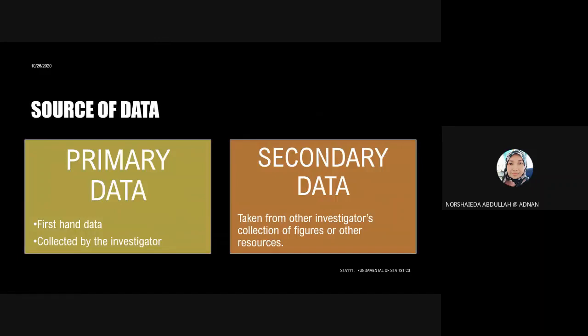So for sources of data, there are 2 sources, primary source and secondary source. Primary data is first-hand data collected by the researcher on his or her own, and secondary data is taken from other resources.